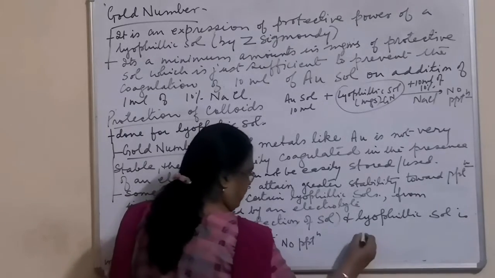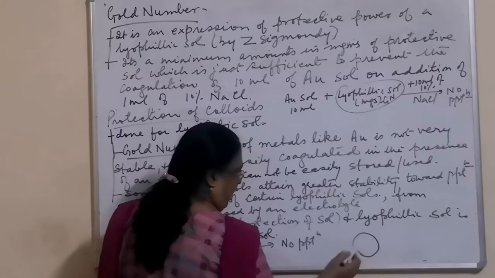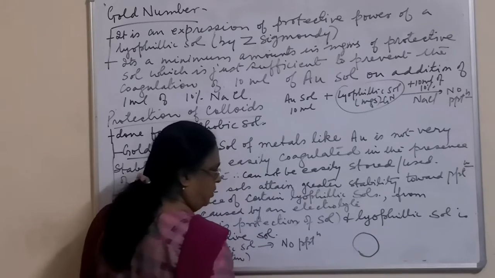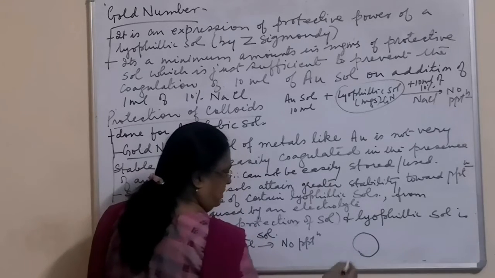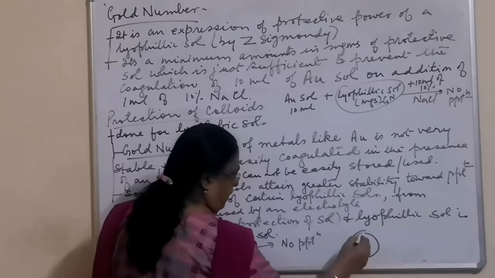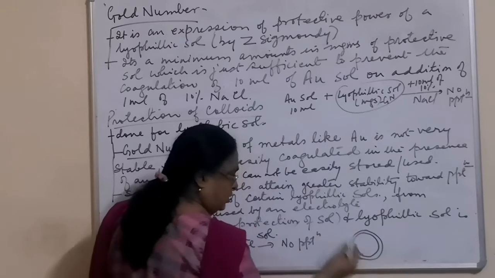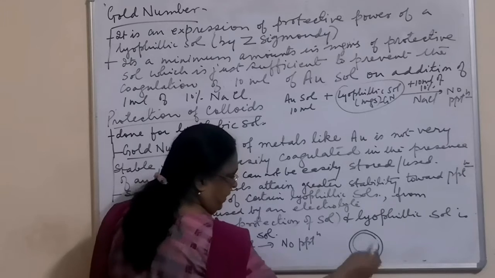Suppose this is the particle of the lyophobic sol. If the lyophilic sol is added, it is believed that it gets adsorbed on the surface and forms a covering around it.